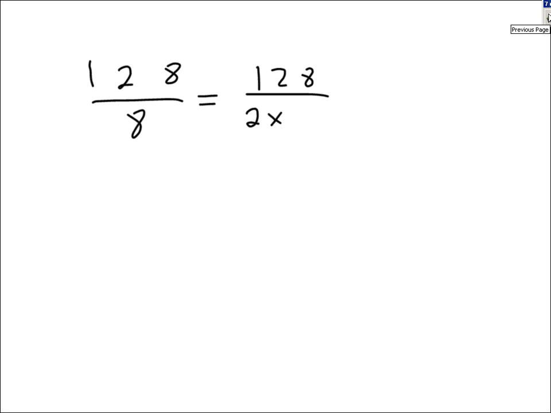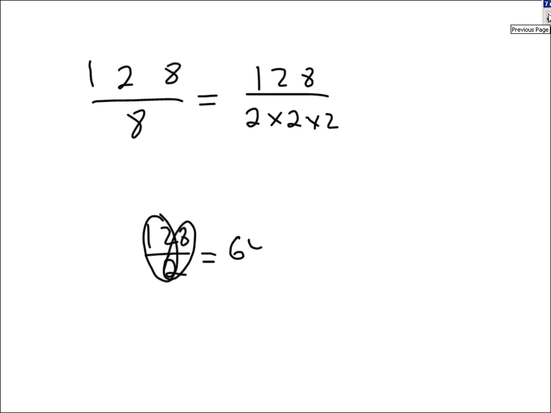For example, I suspect that most of you will not know what 128 divided by 8 is. In fact, I don't know the answer to this. I really don't. But what I do know is 8 is 2 times 2 times 2. So I do 128 divided by 2. I mean, I see it. 2 goes into 12 6 times, goes into 8 4 times.